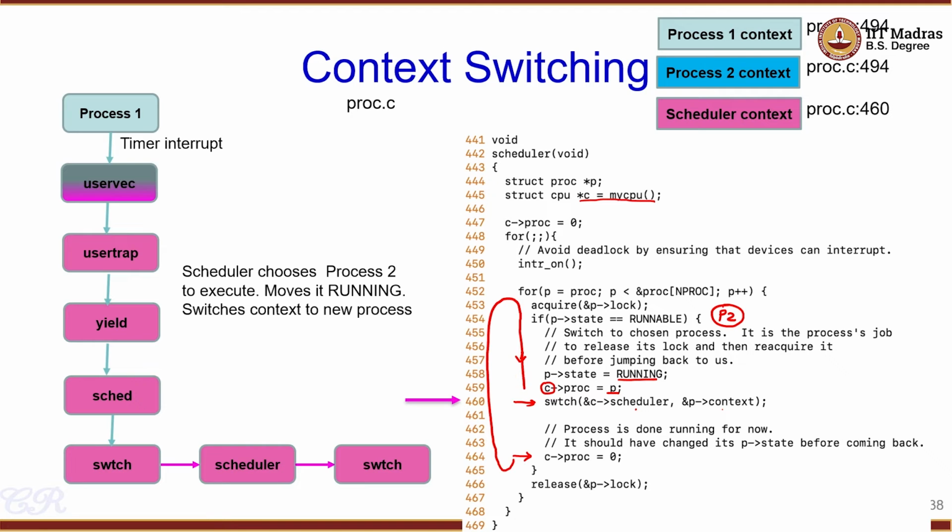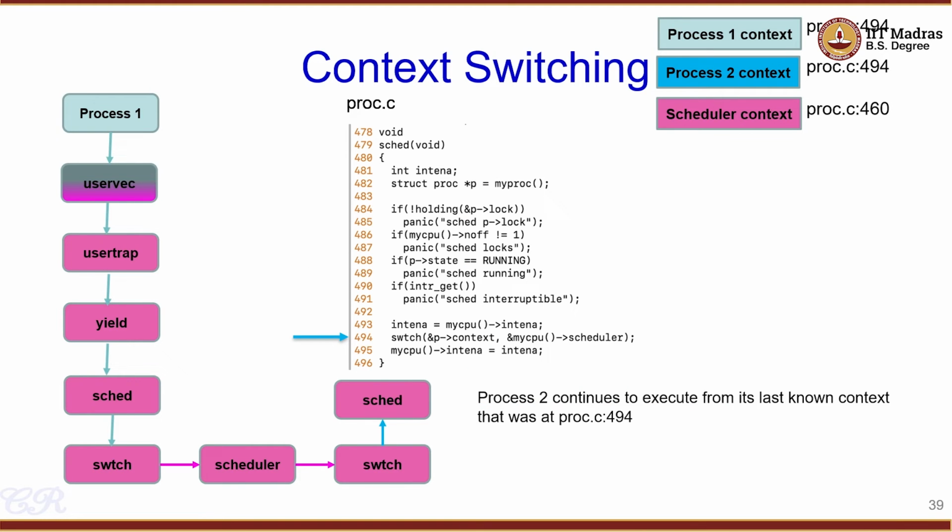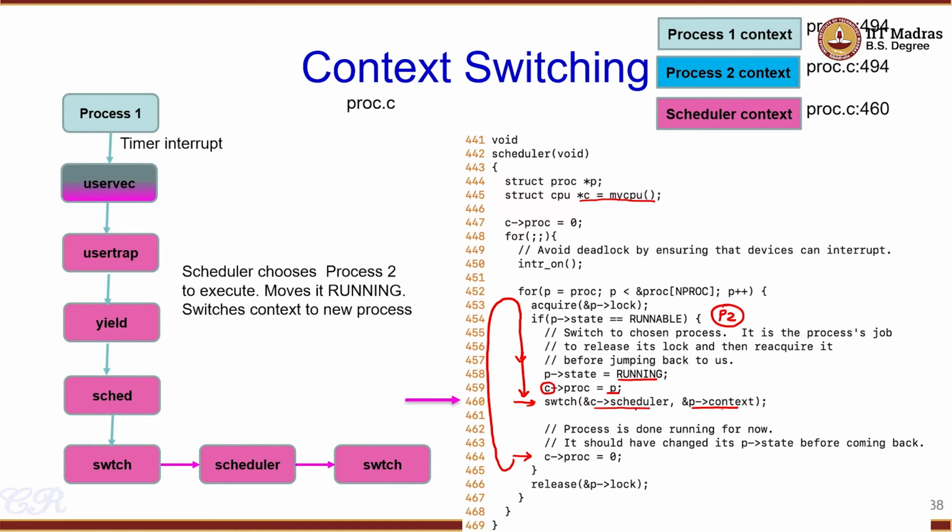So, now we invoke switch again. Notice that here the first parameter is the scheduler and the second parameter is process P2's context. This is what we have. The scheduler's context is at proc.c at 460, that is this point.